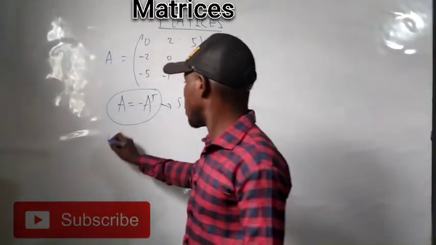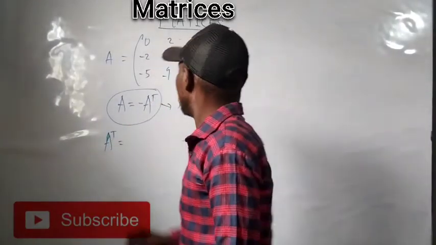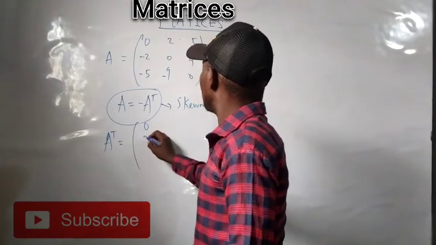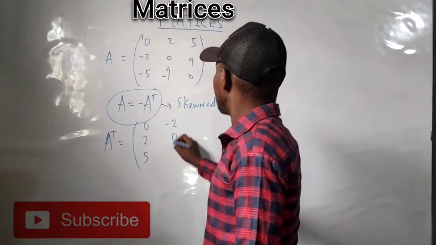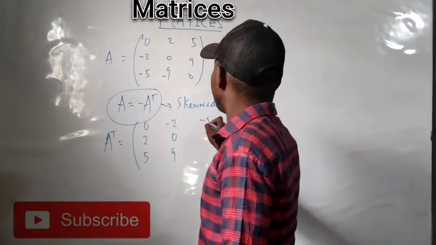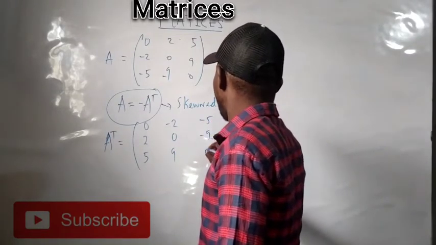Let's just try to transpose this. When I transpose this, what do I have? I have 0, 2, and 5. And I have minus 2, 0, and 9. And I have minus 5, minus 9, and 0.